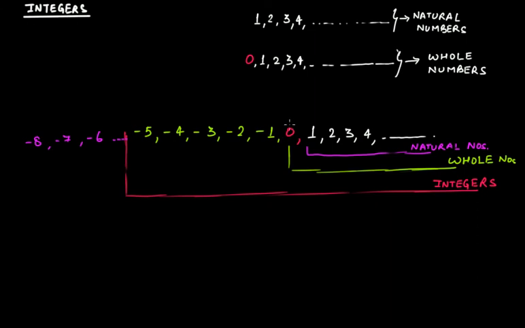Whole numbers can be 0 and can be positive, but natural numbers cannot be 0, they can only be positive, and they can also not be negative. So that is the main thing: natural numbers start from 1, whole numbers start from 0, and integers start from any negative number that you can think of, and then it will have 0 also, and it will have all the positive numbers also.